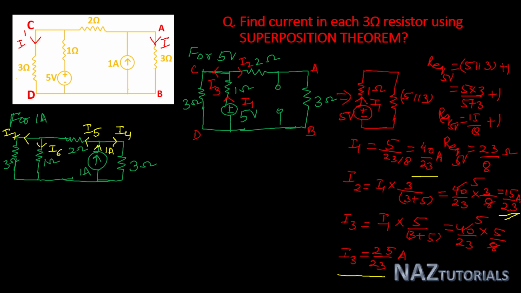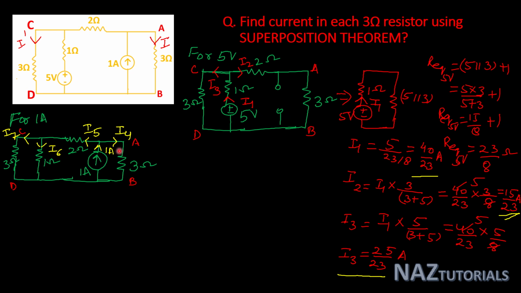So here the circuit points are AB and CD. So we have to calculate the current I4 and current I7 for the circuit solution.